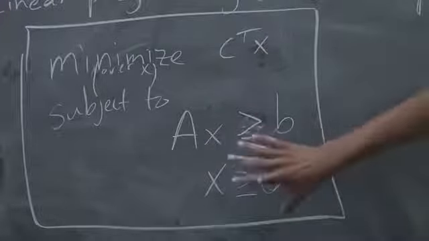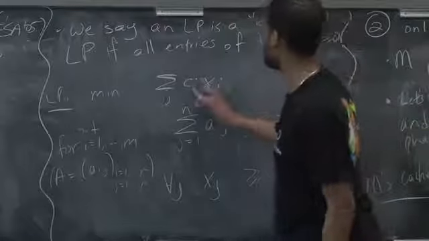So for all rows of A, I want to make sure that the dot product of the ith row of A with x is at least bi. So the sum over j from 1 to n of aij xj has to be at least bi. And also for all j, xj is at least 0. Now, I want to prove to you that you cannot minimize this beyond a certain threshold.